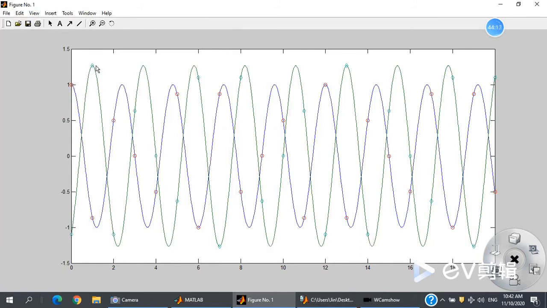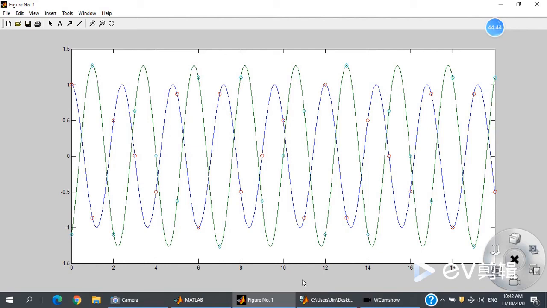Peak value here, then shifted by 1. Input is a peak at 0, and output is a peak at 1. Then the next value is here, then shifted by 1, you get this value. Then this value shifted by 1, then a change on the magnitude, right? Any point, like this point, shifted by 1, and the change on the magnitude, you get this one. So this is a shift and scale on the amplitude.